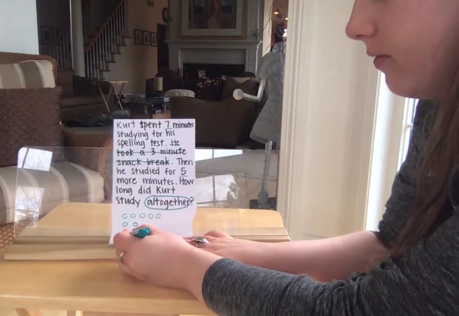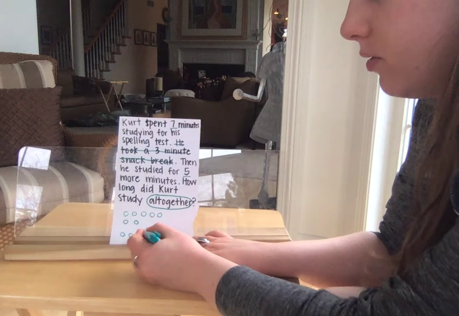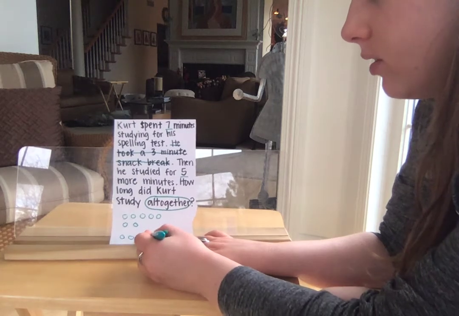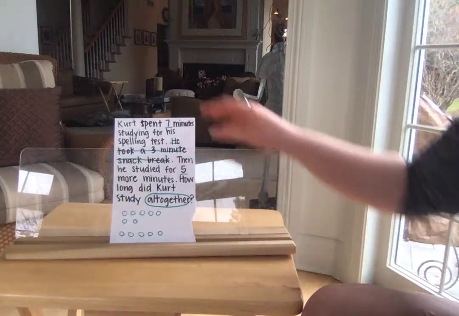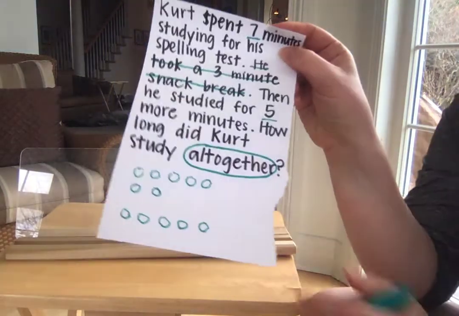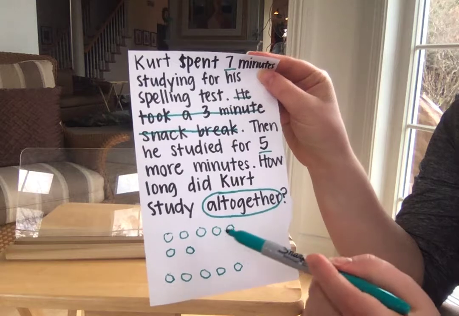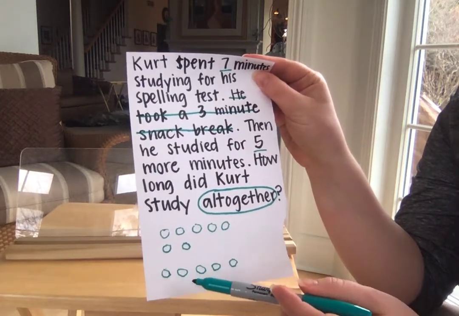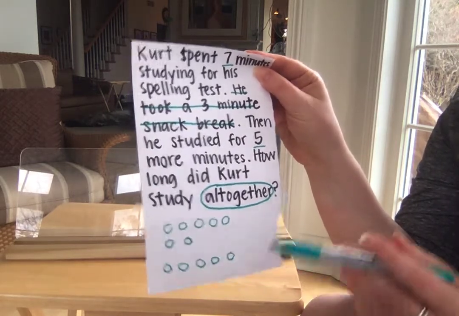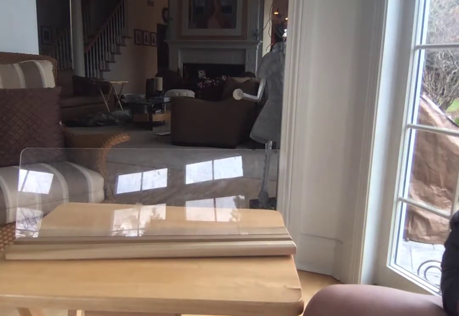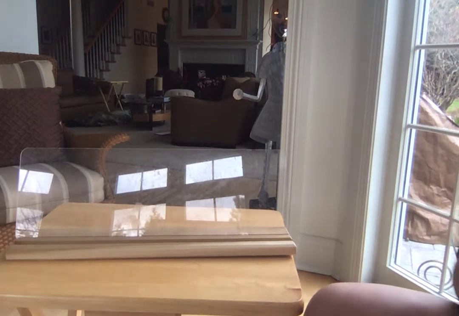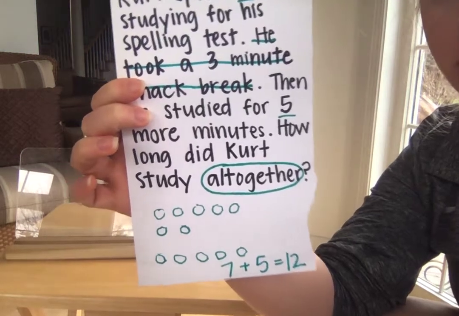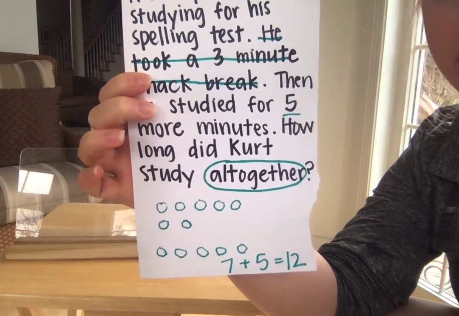So I'm going to write 1, 2, 3, 4, 5. All right, we know that we are adding. That altogether tells us that we are adding, so now we need to count. 7, 8, 9, 10, 11, 12. So our equation is going to be 7 plus 5 equals 12. Did you get that same answer?